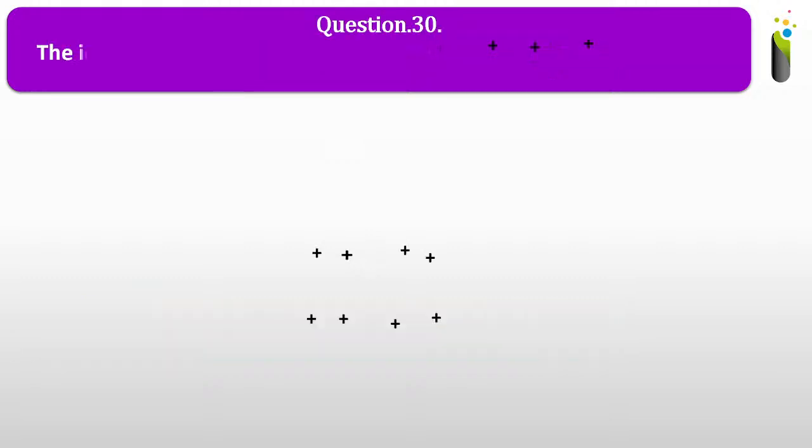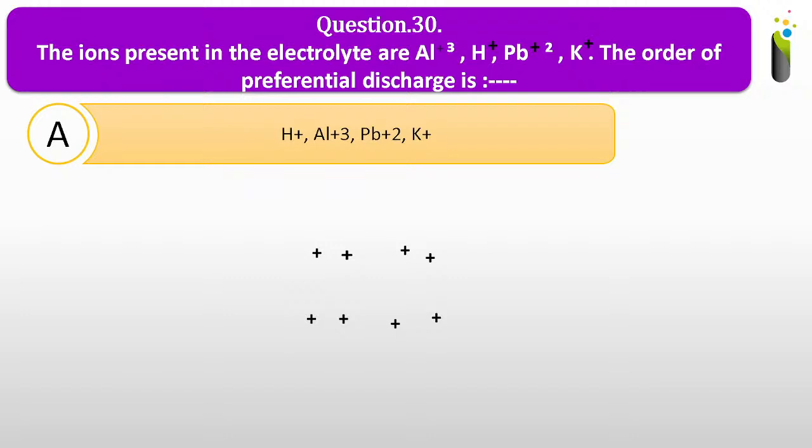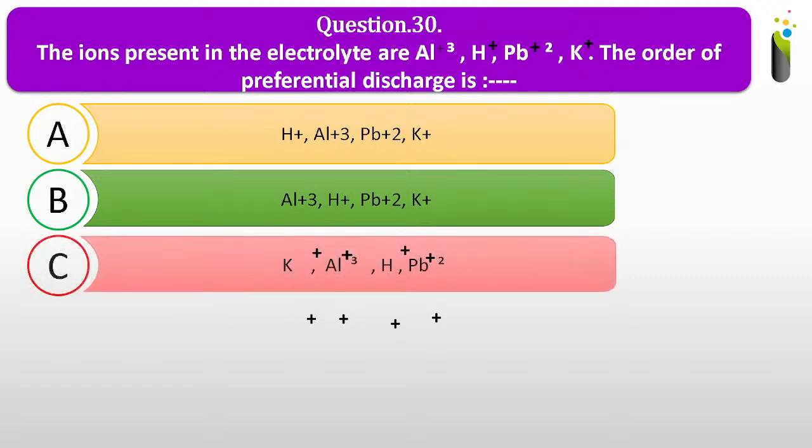Question number 30. The ions present in the electrolyte are Al plus 3, H plus, Pb plus 2, K plus. The order of preferential discharge is dash. A. H plus, Al plus 3, Pb plus 2, K plus. B. Al plus 3, H plus, Pb plus 2, K plus. C. K plus, Al plus 3, H plus, Pb plus 2.